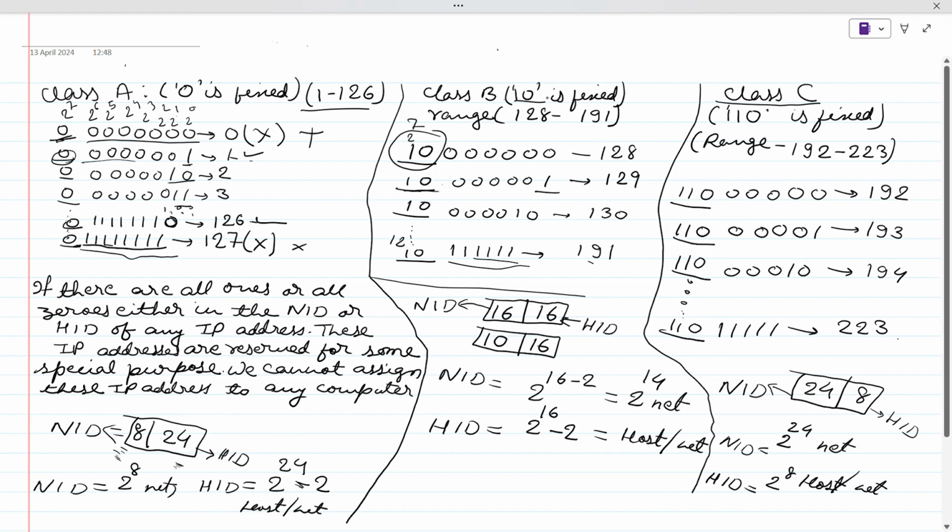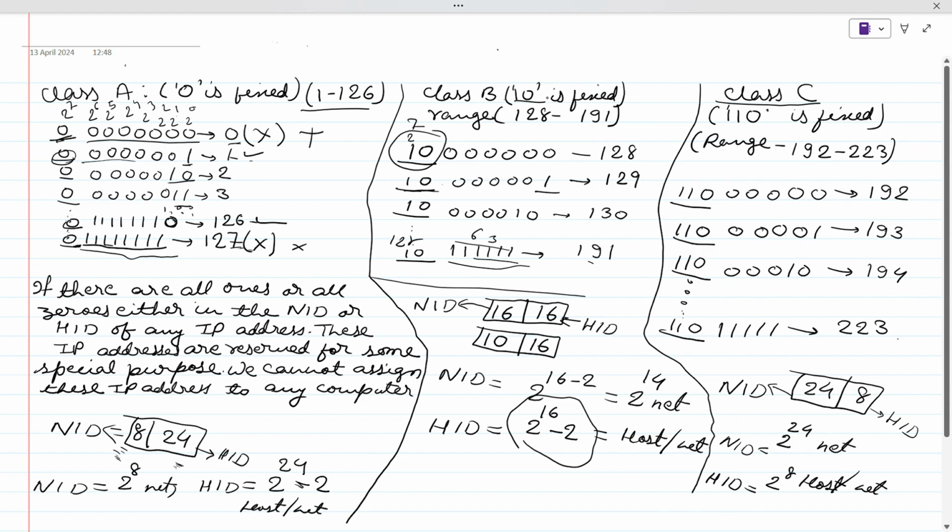This is 128, and plus this one is 63, so 63 plus 128, you will get 191. So here also the NID portion, network ID, is 16 bits and the HID part is 2 to the power 16 minus 2. Minus 2 is done over here, because again for this reason only, 0 and 127 we are avoiding.